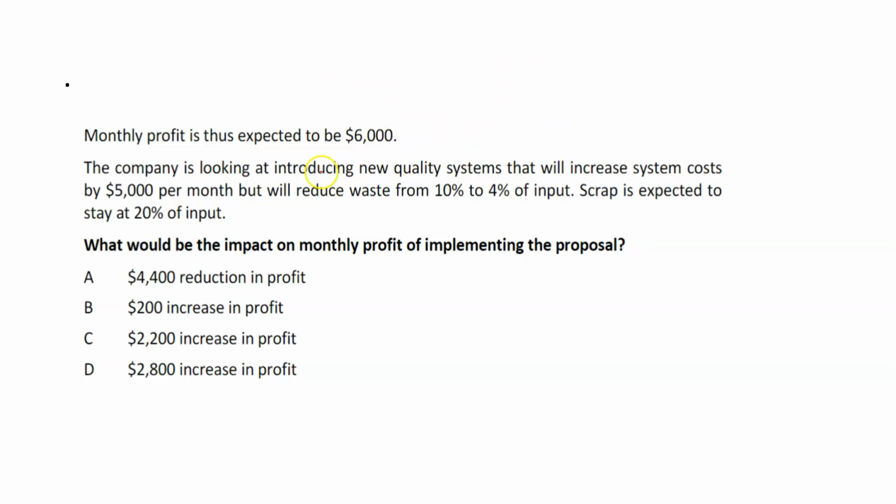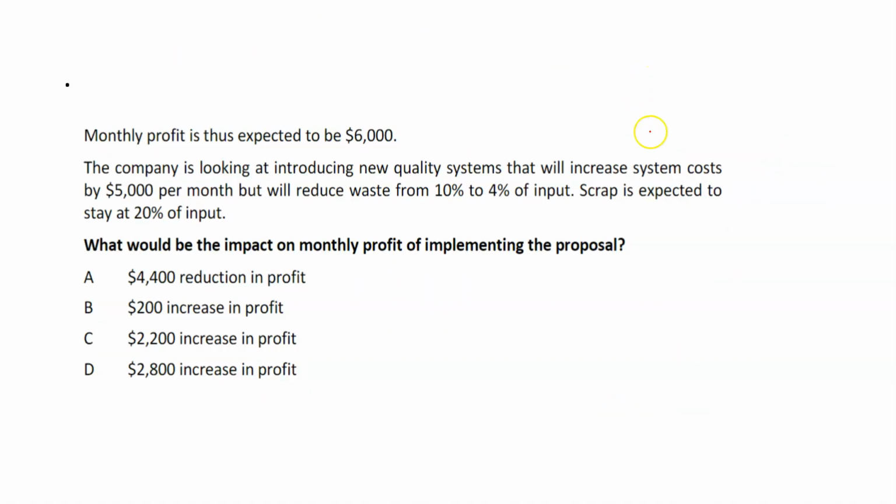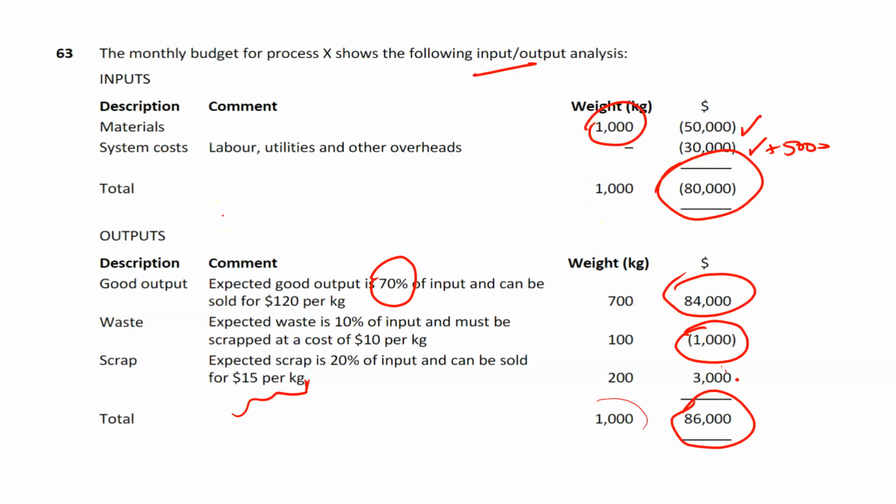But then there's a movement. It says the company is looking to introduce new quality systems that will increase costs by 5,000. So I'm going to increase this by 5,000. What I'm also going to do is reduce waste from 10% to 4%, and scrap is expected to stay at 20% of input. So if this stays the same at 20% and I reduce this to 4%, to get my total of 100%, it means my expected output has increased by 6%.